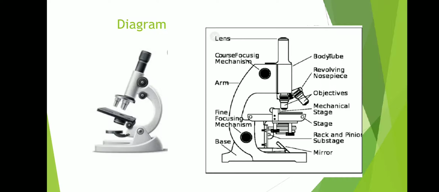It is called revolving nose piece because it revolves, and on this, 3 to 4 objective lenses are mounted. The lens which is near to the object is called the objective lens, while the lens which is near to the eye of the observer is called the eyepiece lens or the ocular lens.